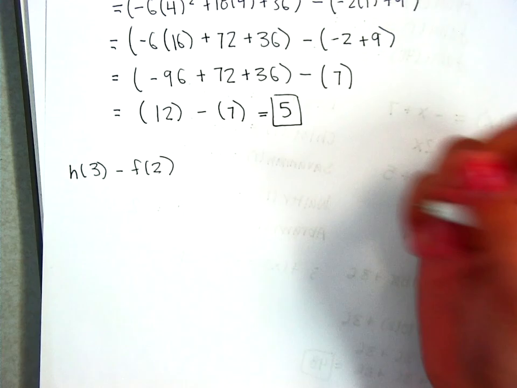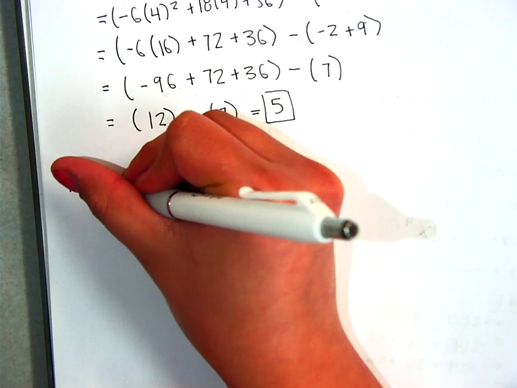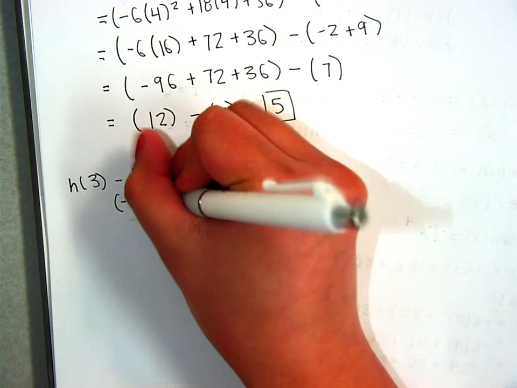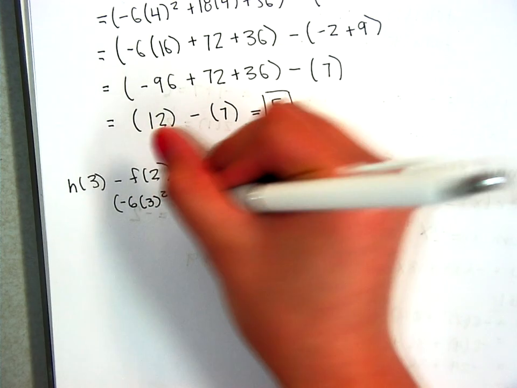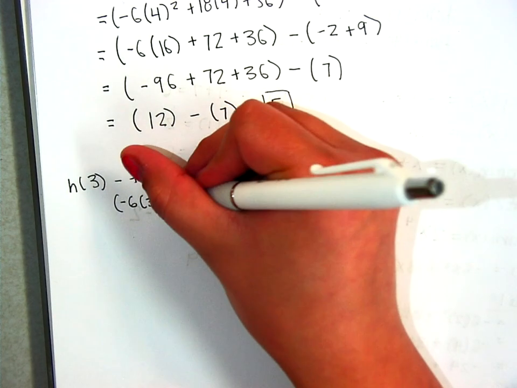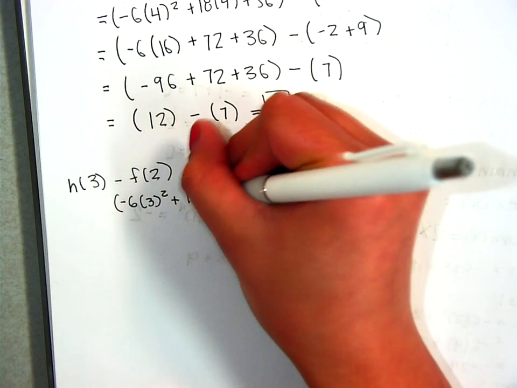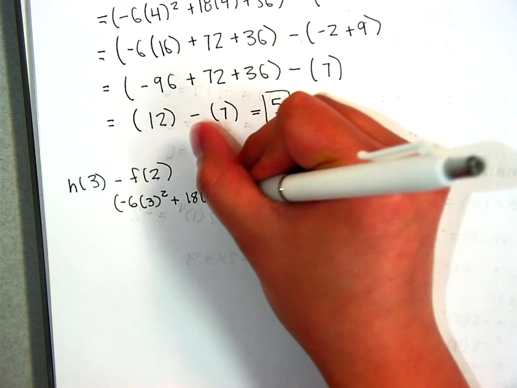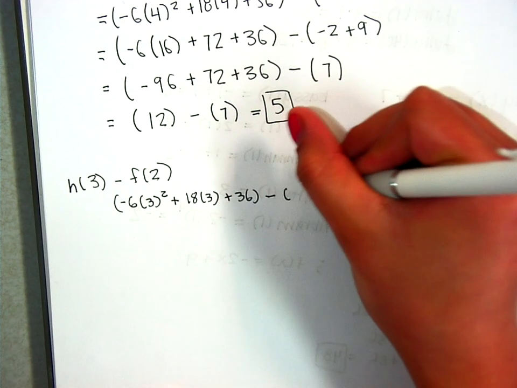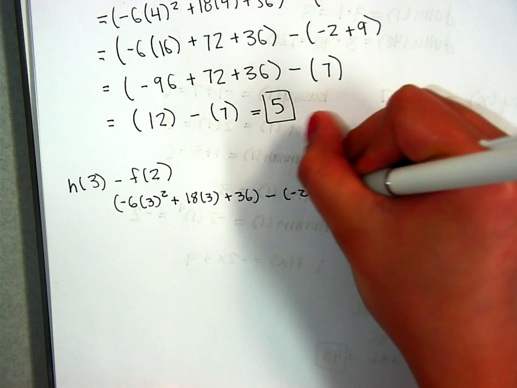Okay. So, hey guys, listen. H of 3 minus F of 2 equals negative 6 times 3 squared plus 18 times 3 plus 36, minus negative 2 times 2 plus 9.